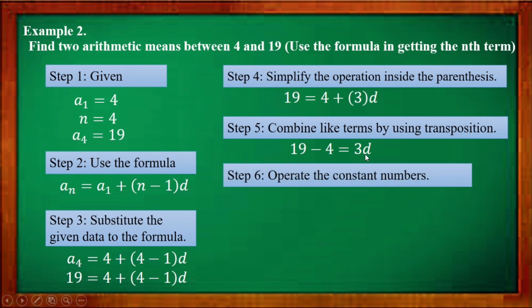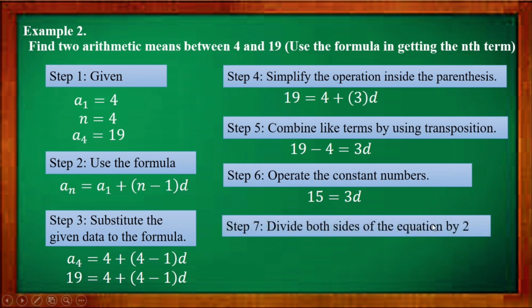So the next thing to do is to operate the constant numbers, and 19 minus 4 is just 15, which equals 3d. So divide both sides of the equation by 3. Again, this is 3, not 2. We are going to divide both sides of the equation by 3, which is the numerical coefficient of d.